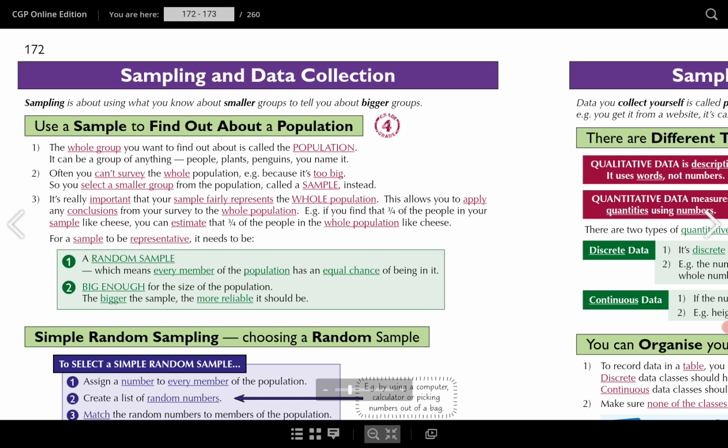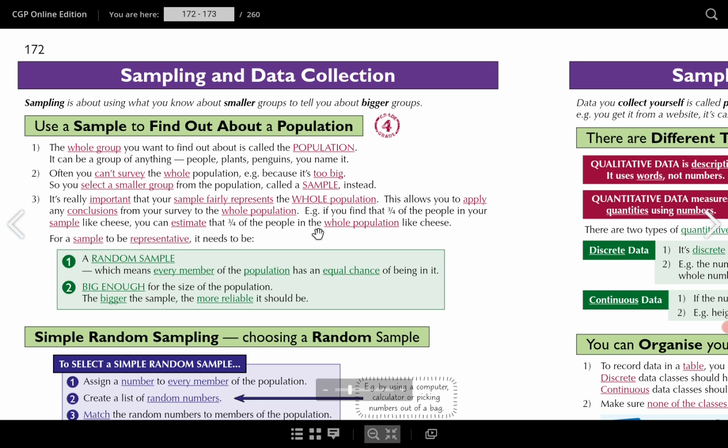The sample must represent the whole population, so that when you make your conclusions, those conclusions will satisfy the whole population. For instance, if you find that 3/4 of people in your sample like cheese, you are free to estimate that 3/4 of the whole population will like cheese.